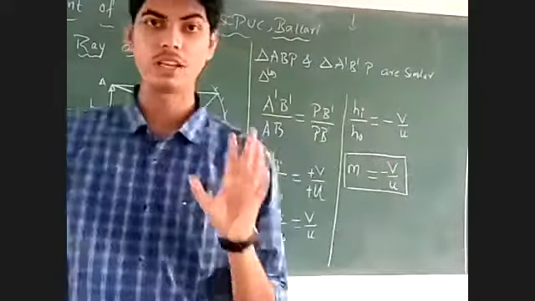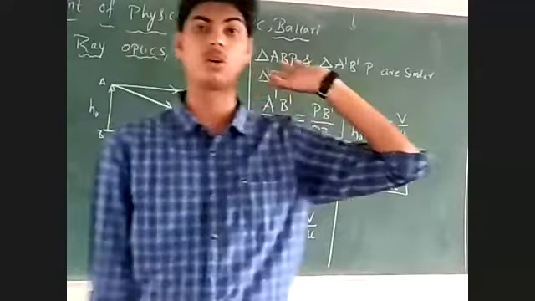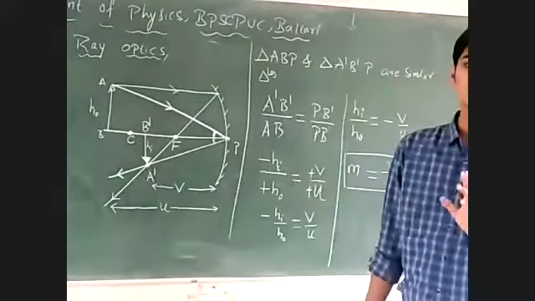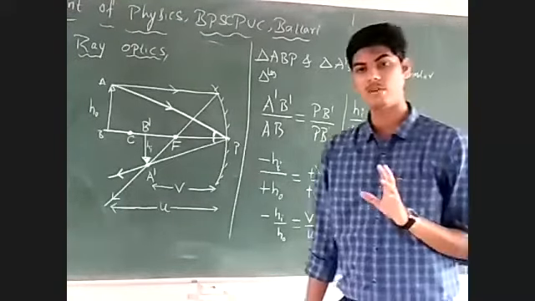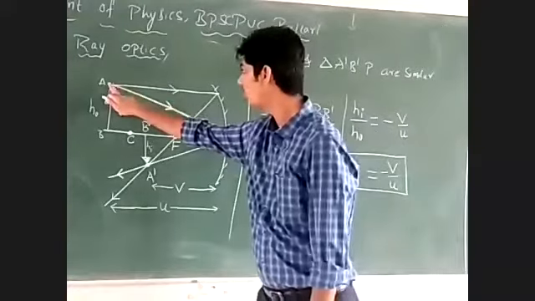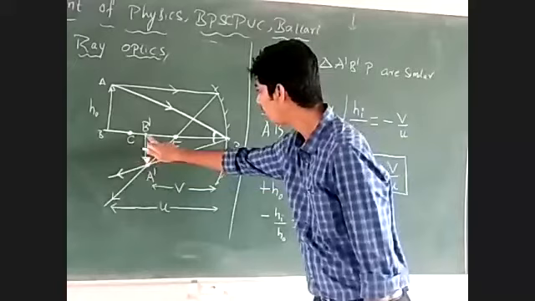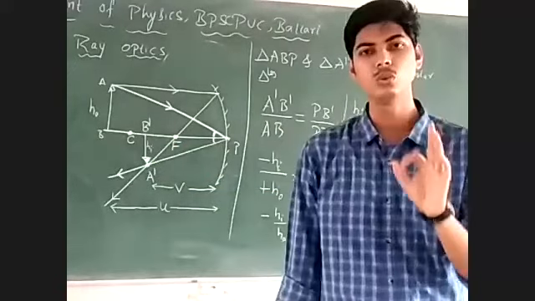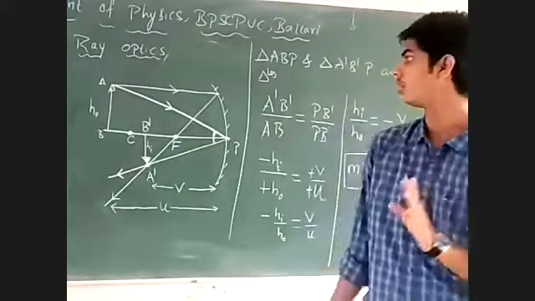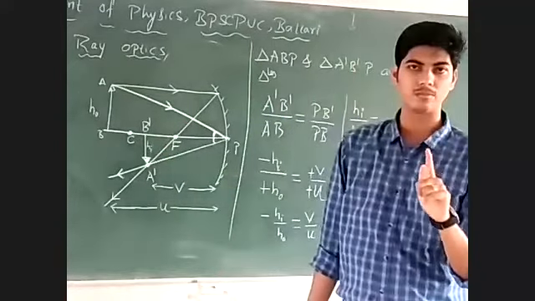For the magnification equation, we draw a ray diagram exactly similar to the ray diagram which we drew while doing the mirror equation. We have considered two triangles, ABP and A dash B dash P, because these two triangles have the object and image in them.